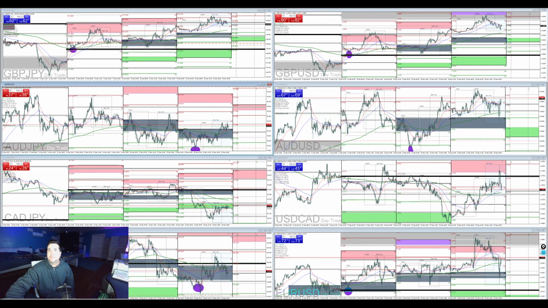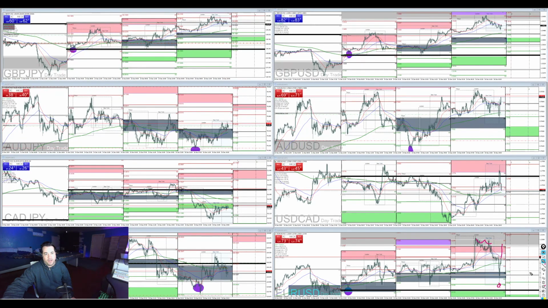Weekly take profit zone, central pivot, and daily take profit zone.